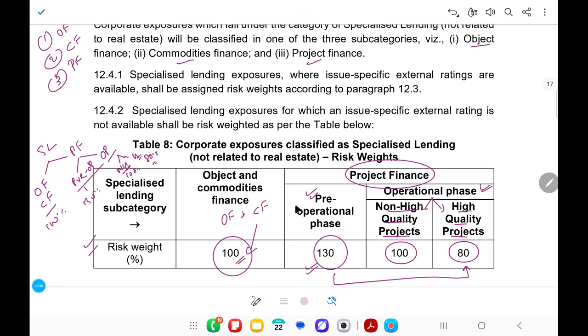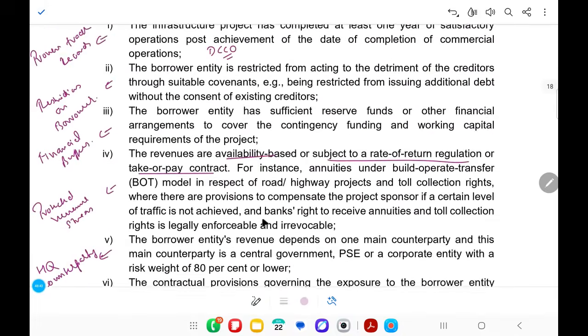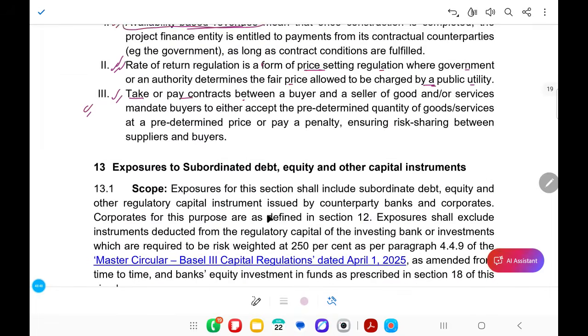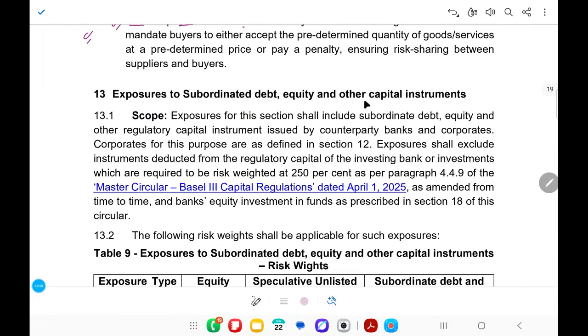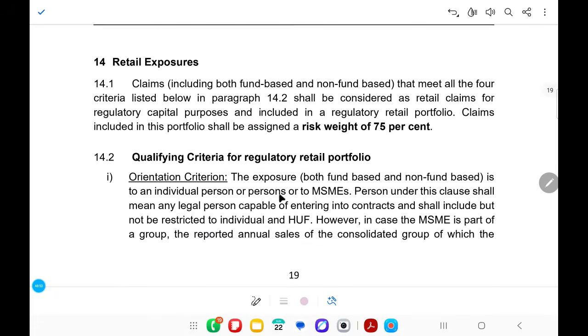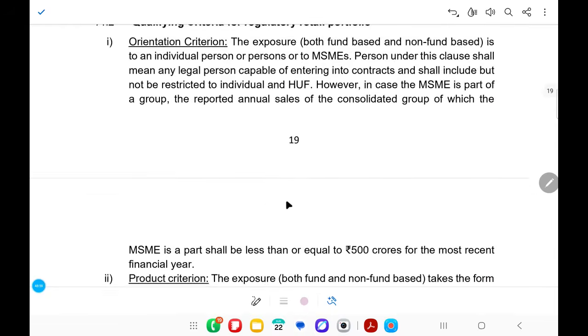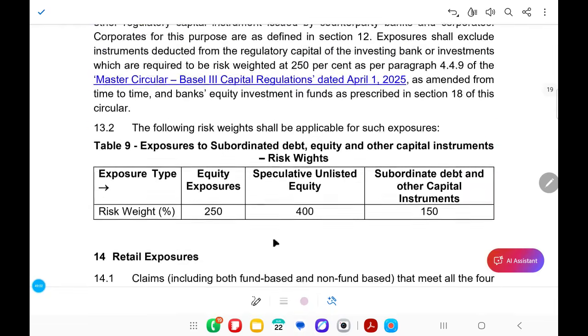I think we have covered this sufficiently. In the next video, I will come up with exposures to subordinated debt, equity, and capital instruments. Then we will move on to retail exposures and MSME exposures.